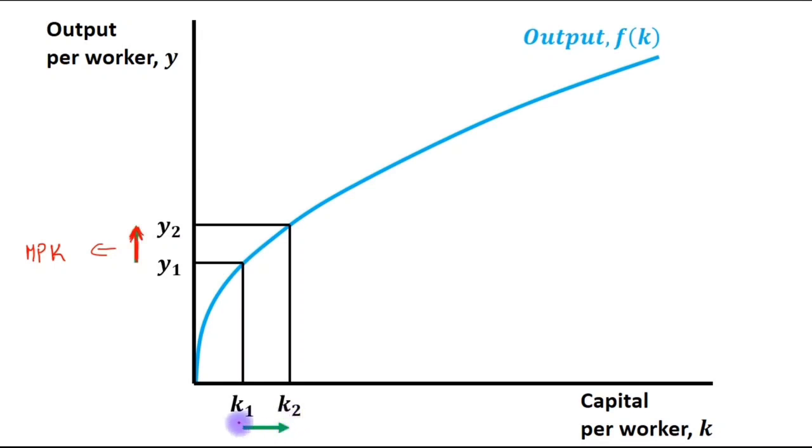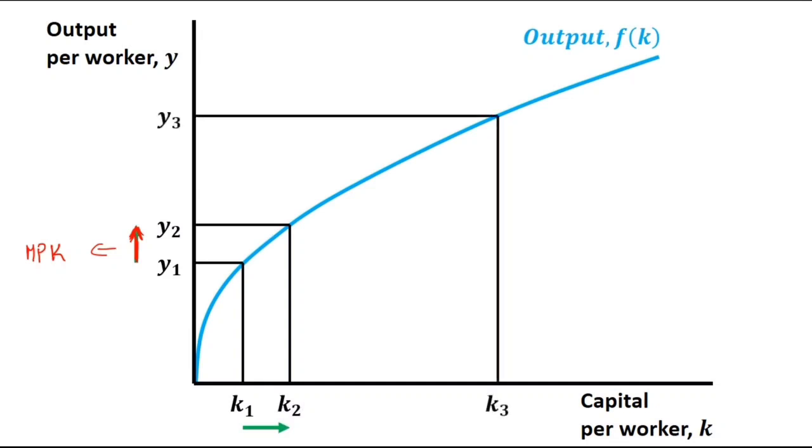Now if capital per worker is high, denoted by K3, and the average worker has a lot of capital, in this case an extra unit of capital increases production only slightly.